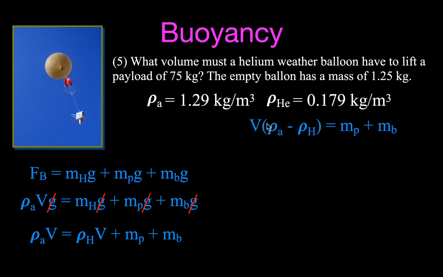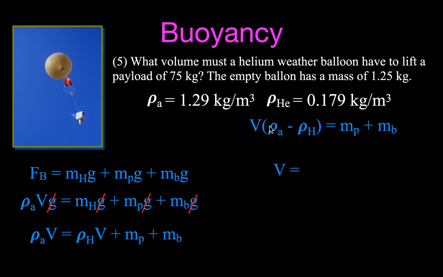Therefore, the volume times the density of air minus the density of helium, because I subtracted this from both sides, is going to be equal to the mass of the package plus the mass of the balloon.